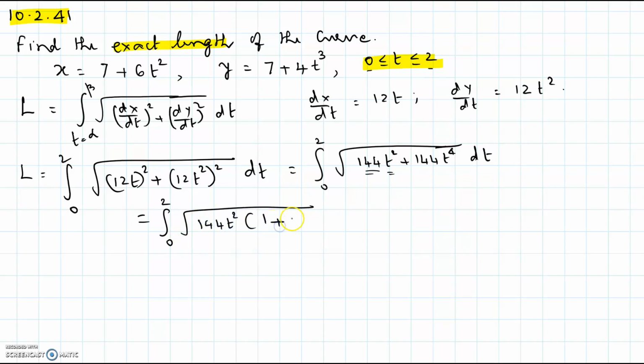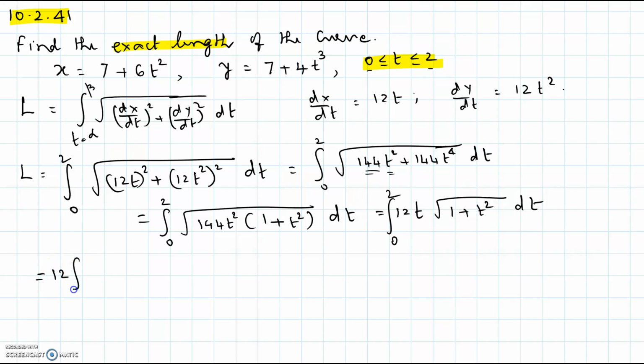So it is 1 plus t square inside the parentheses. So the square root of 144t square is 12t. So 12t times the square root of 1 plus t square. T runs from 0 through 2.